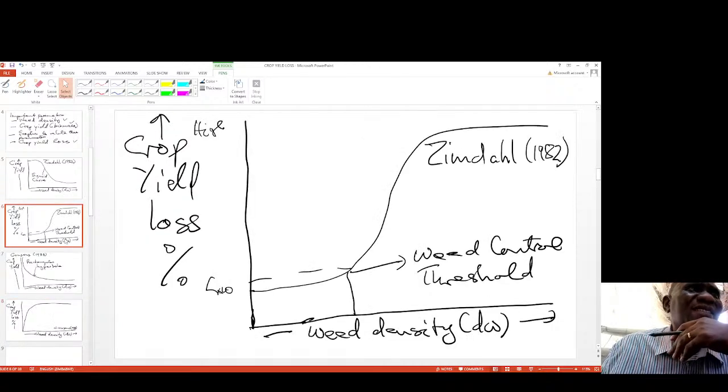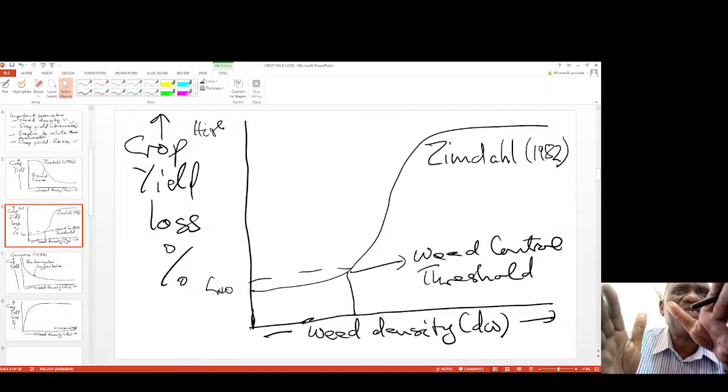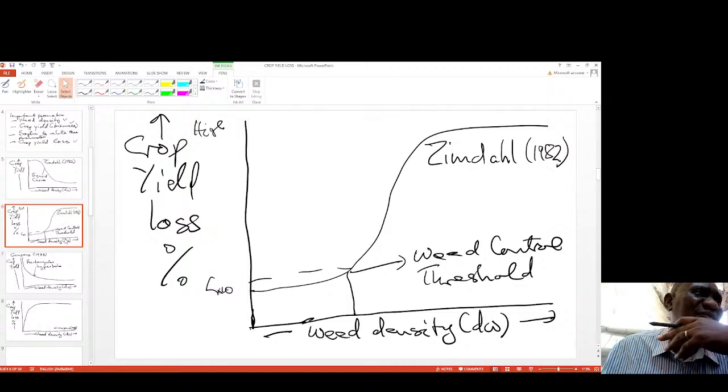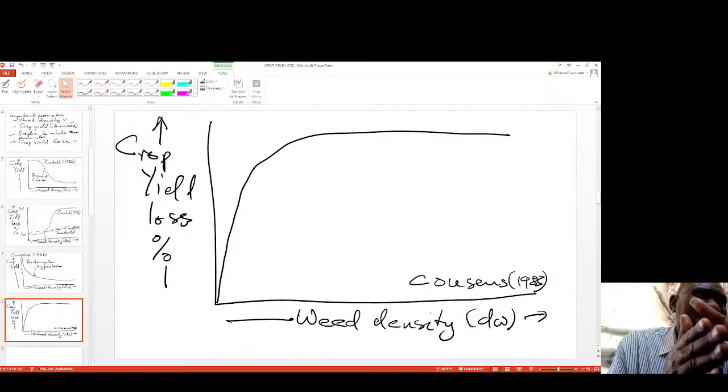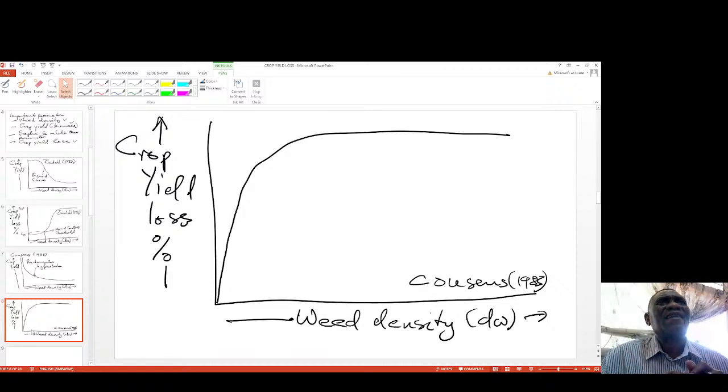In contrast to this proposal by Zimdar, where there's a delay in loss, and you can clearly identify the weed control threshold. This then seems to suggest that Cousins is saying that as long as you have weeds, you need to control them according to this model.